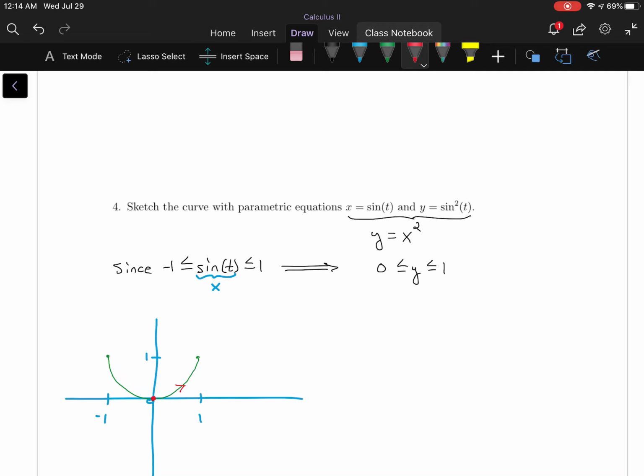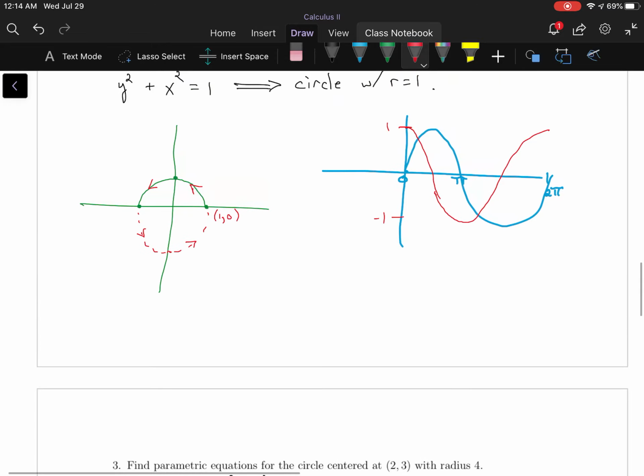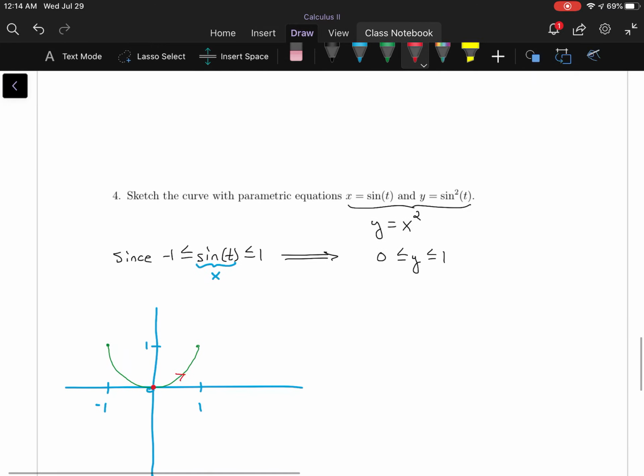But then after that, when t is pi, the sine function is 0 again, which means that it came back down. So after it went up, it came back down this way and went left.